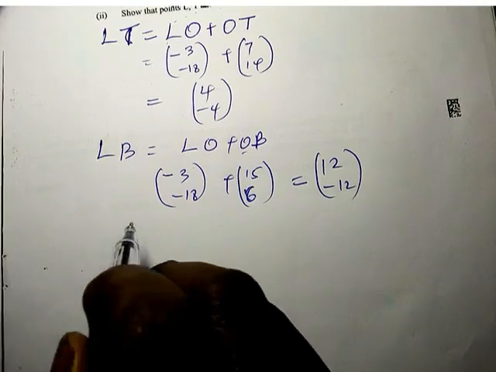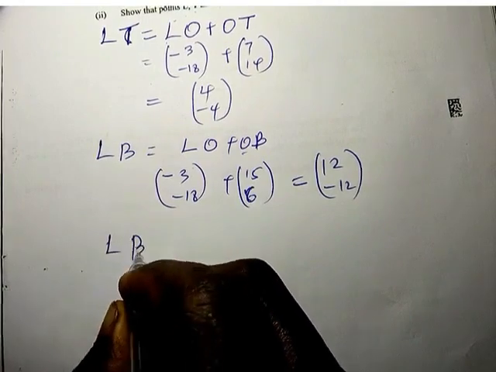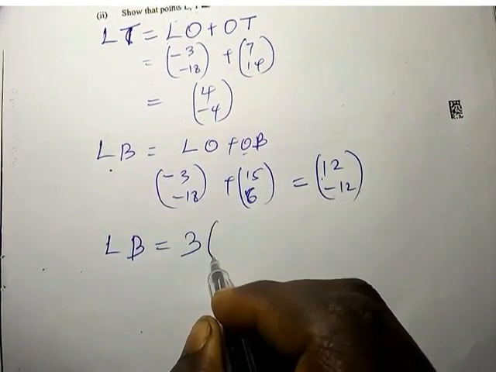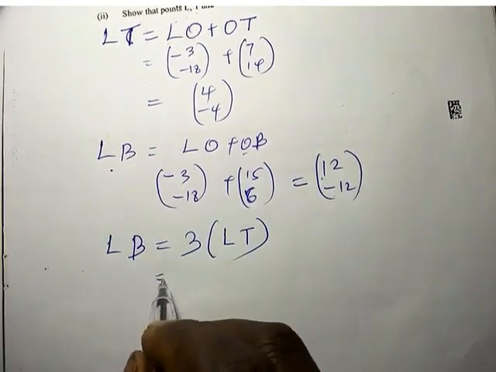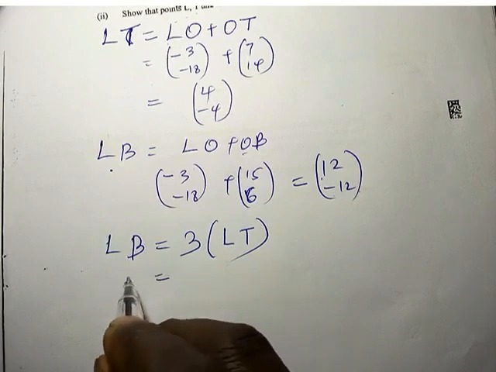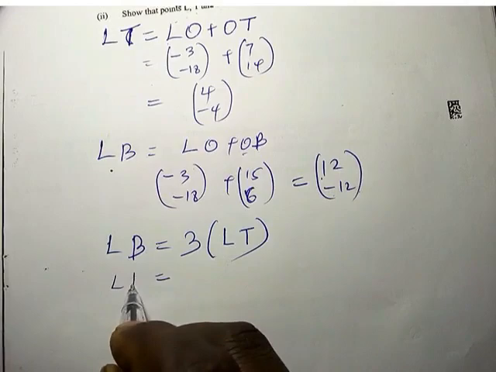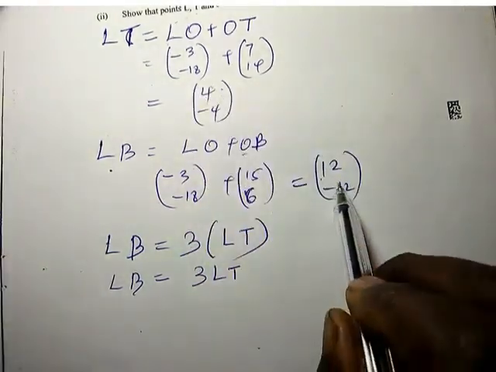So you can clearly see that LB, which is 12, negative 12, is equal to 3 into LT, because LB equals 3 LT. If you multiply this by 3, you will get this one.